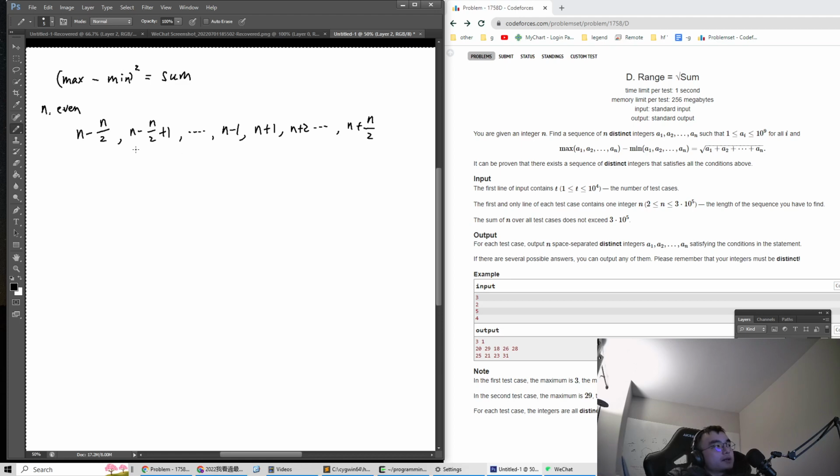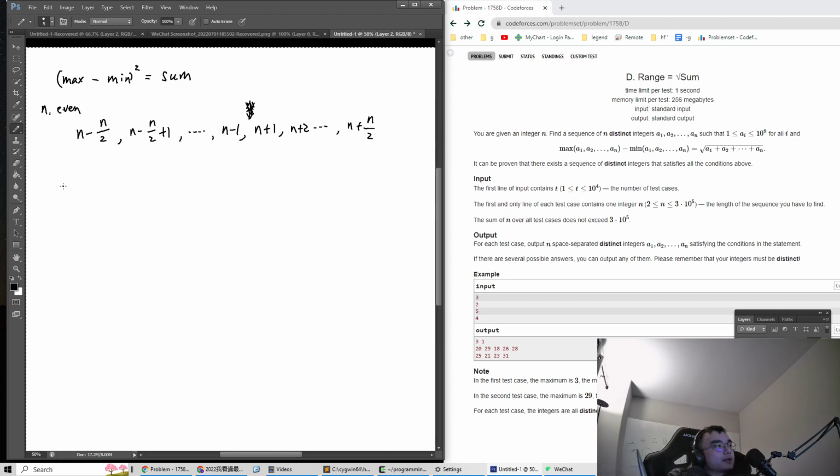So since we only need n numbers here, n is sitting in the center, but we remove it because we only need n numbers.